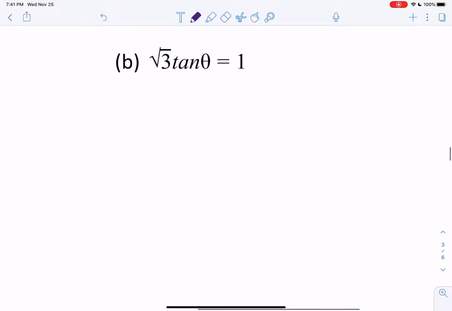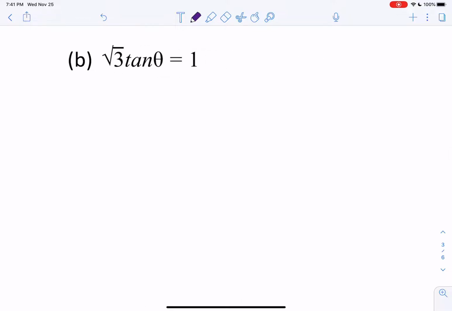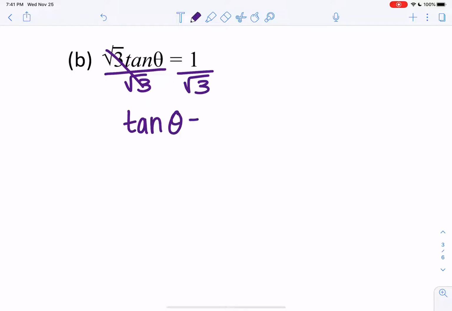For this one here, we have root 3 tan theta equals 1. So first we'll start by trying to isolate tan theta. So we'll divide by root 3 on both sides. So we have tan theta equals 1 over root 3.